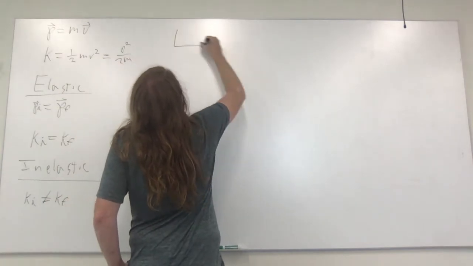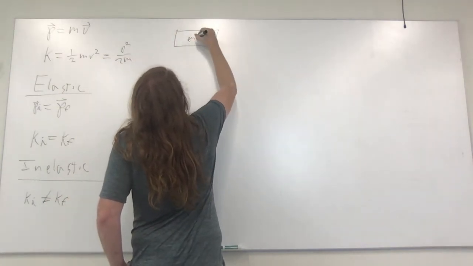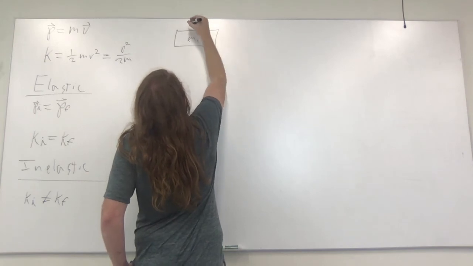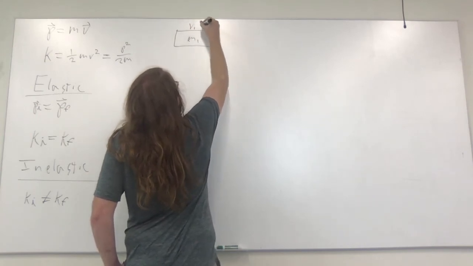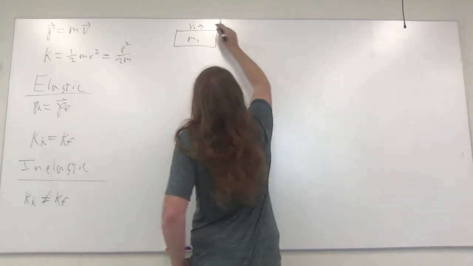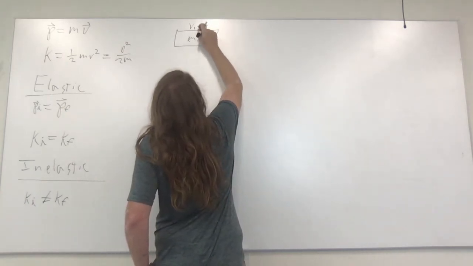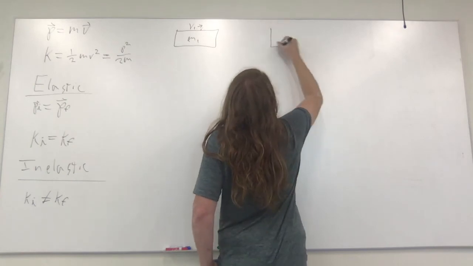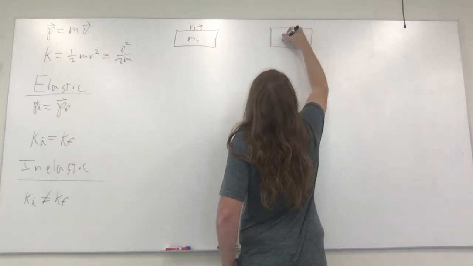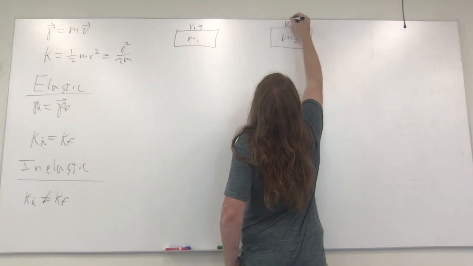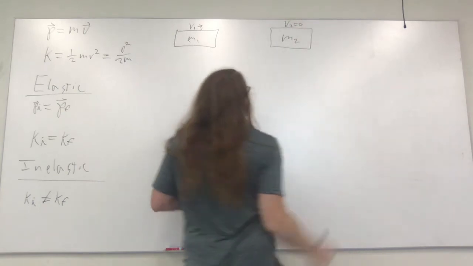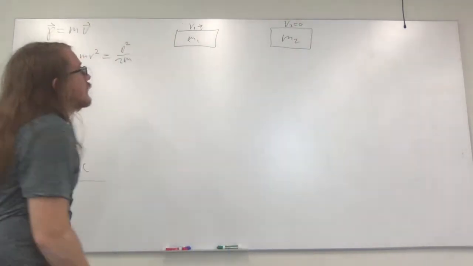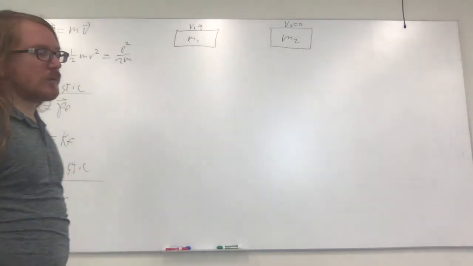So drawing that situation, we have first part with M1 and V1. And then we have M2 and V2 we'll say is equal to 0. And we want to know what happens after these carts collide.